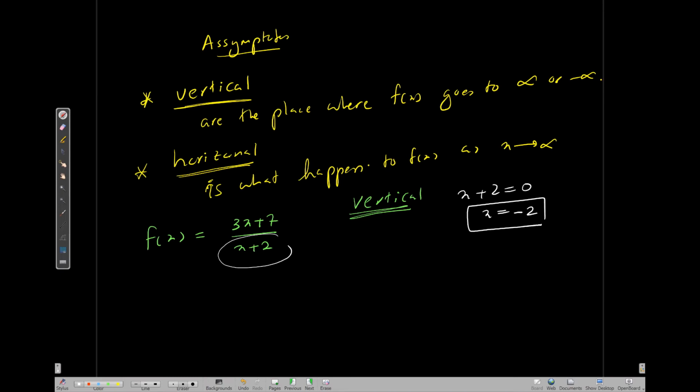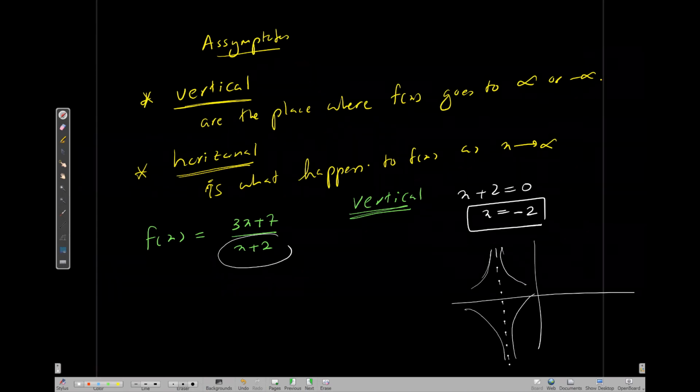That is the vertical asymptote. That means, for sure, this graph will never touch x equals negative 2. At this point we don't know how it will look, but it will never touch that line, because it's a vertical asymptote.